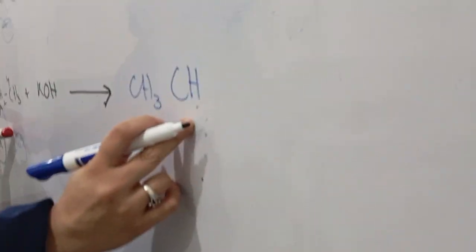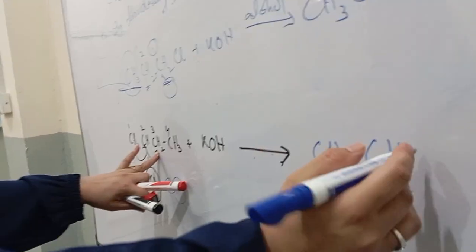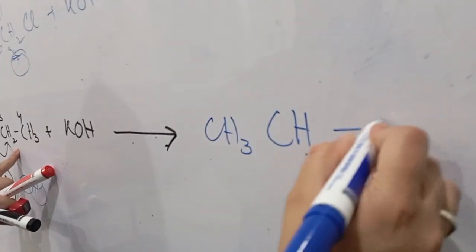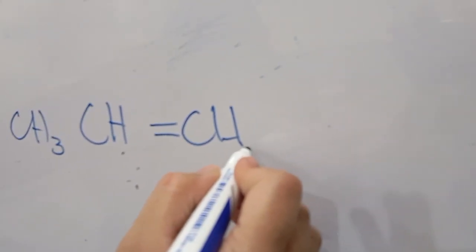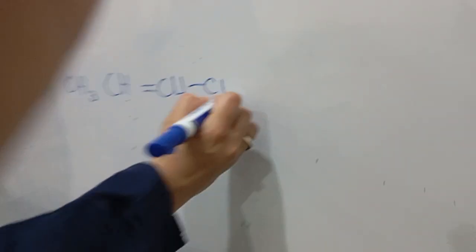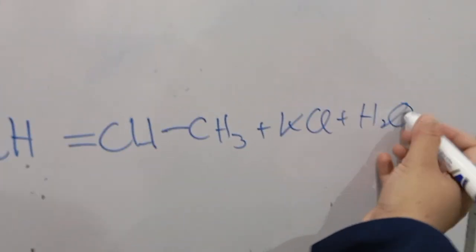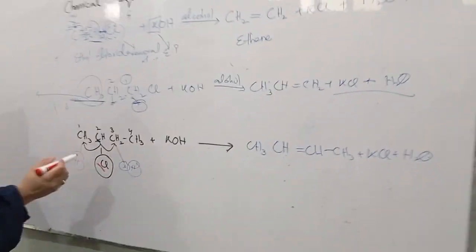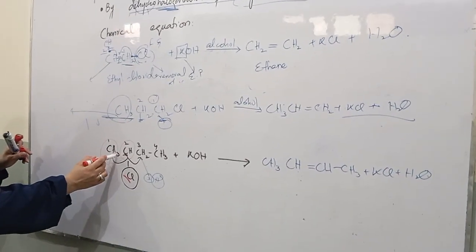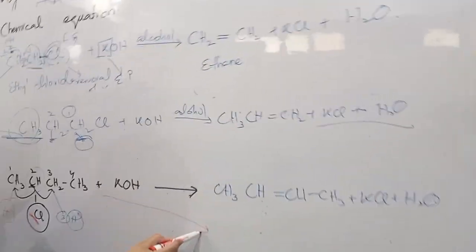Let's write down the chemical product for this. CH3, CH, where the halogen is removed, and CH3, plus potassium chloride and water. So you can see that we have removed the chlorine from carbon number 2 and hydrogen from carbon number 3.